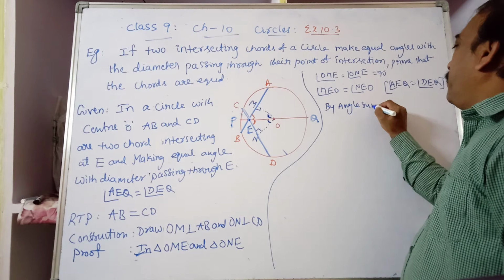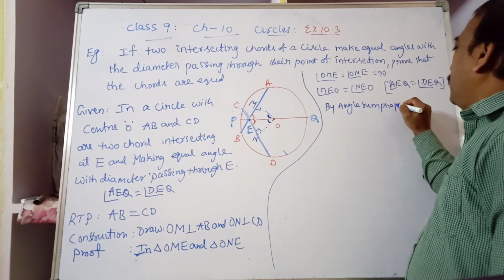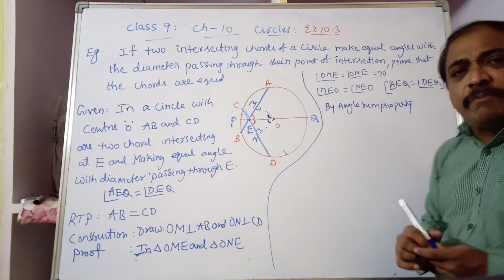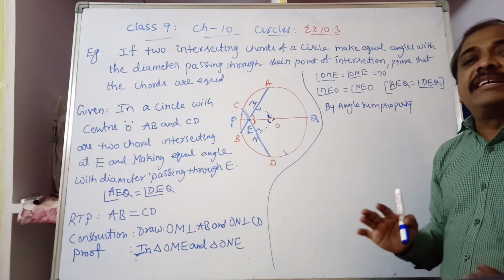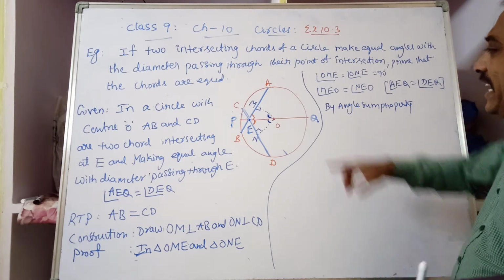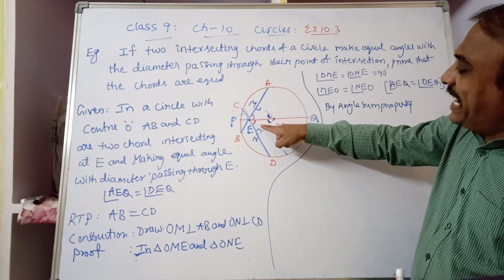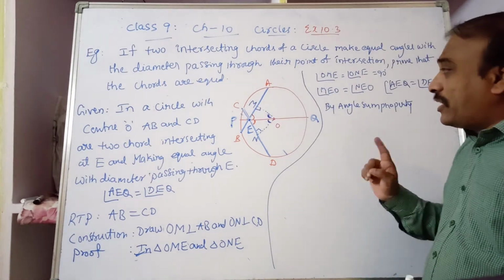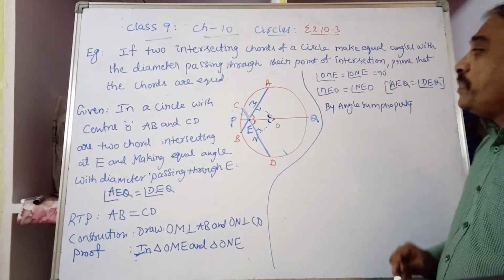What is angle sum property? The sum of the three angles in a triangle is 180 degrees. This angle is 90 and 90, and these two angles are equal. So by angle sum property, automatically the third angle will be equal.